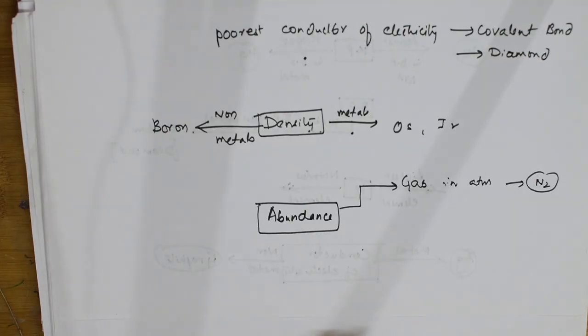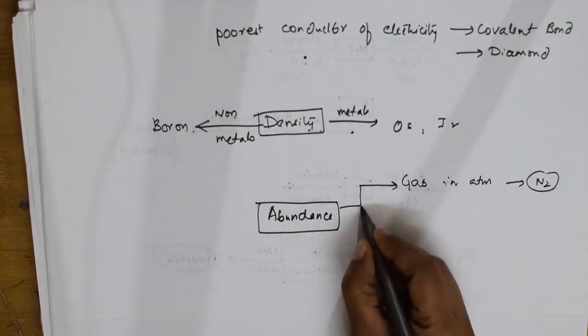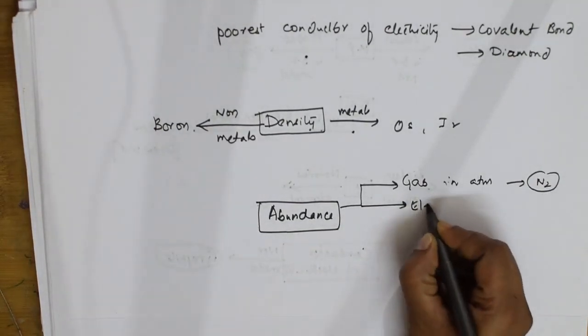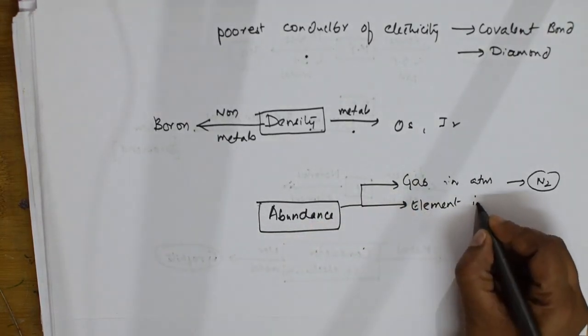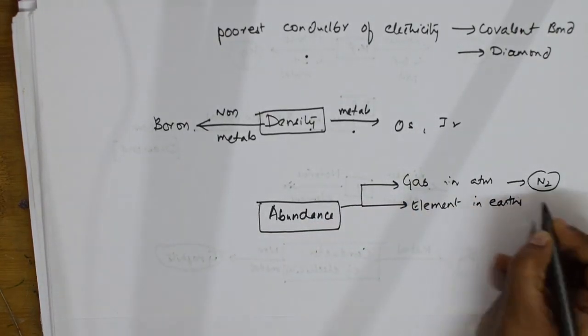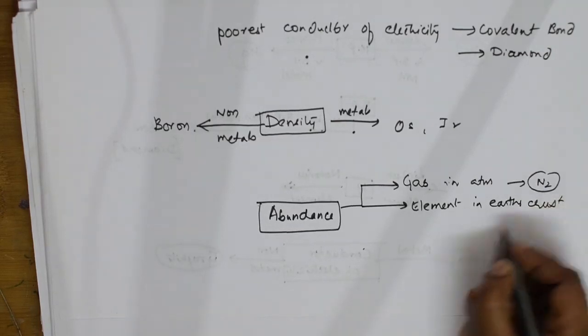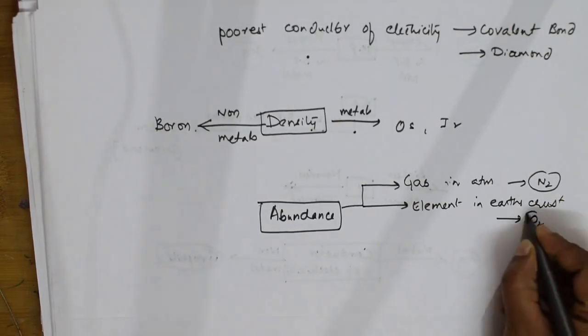Next, the element abundant in Earth's crust is nothing but oxygen.